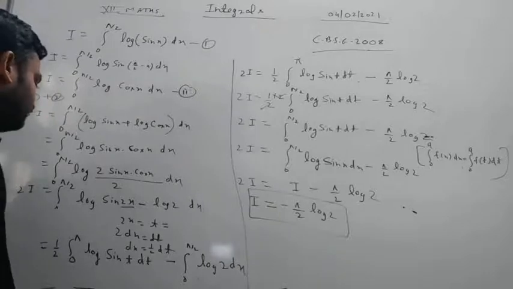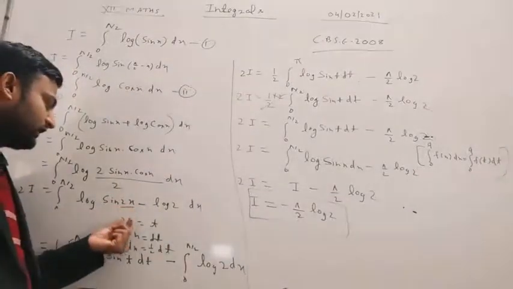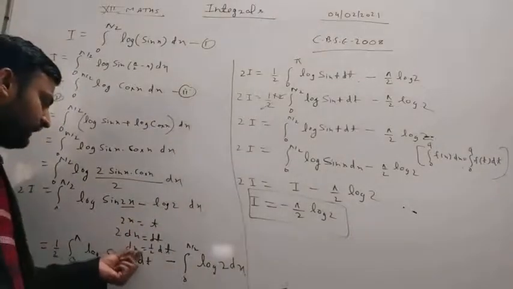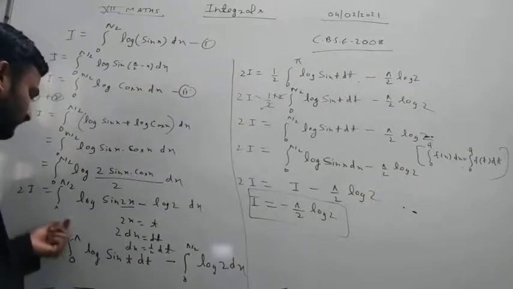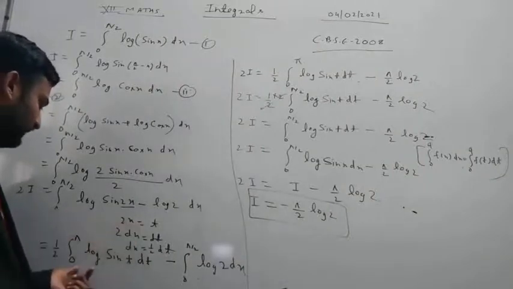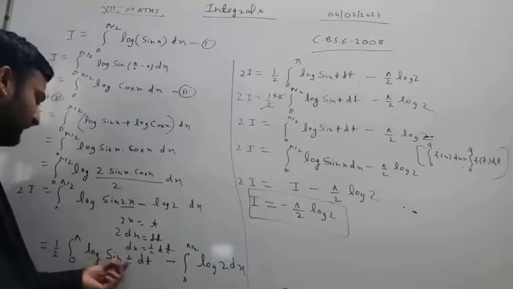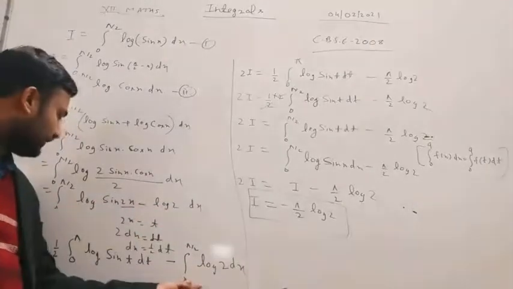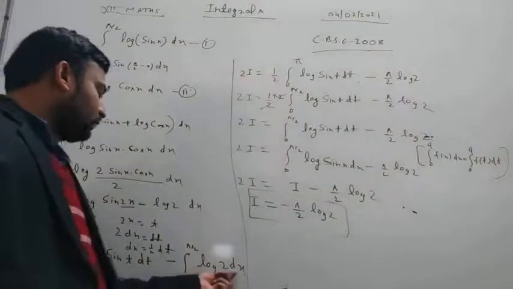Okay students, so here we are supposing that 2x is equal to t, so we can write dx is 1 by 2 dt. So here students 1 by 2, and when we put x is 0 we get the limit 0, and for pi by 2 we get limit pi, so log sin t dt, and taking the integration sign with the other part we get the integral from 0 to pi by 2 of log 2 dx.